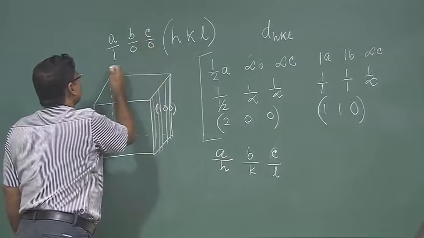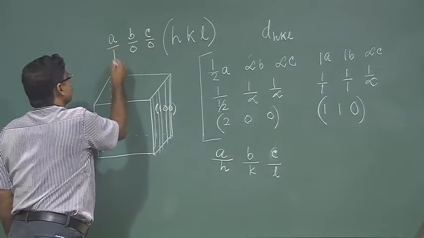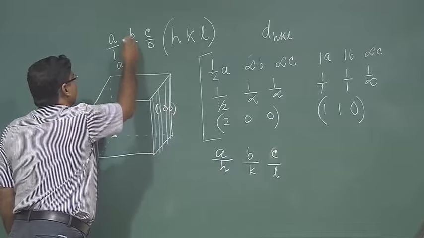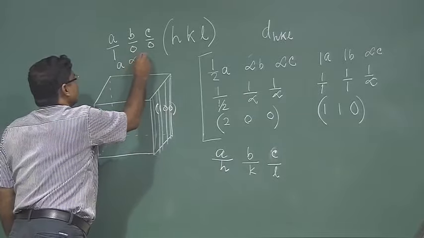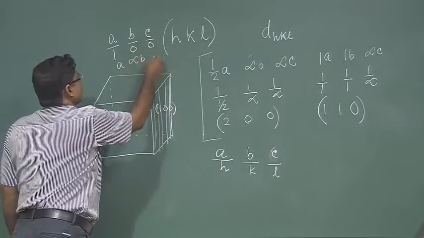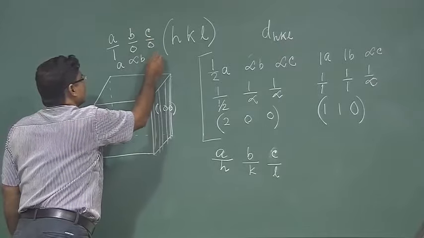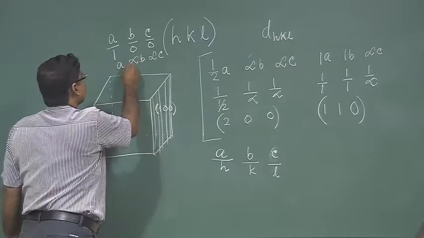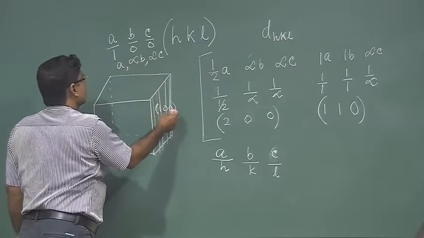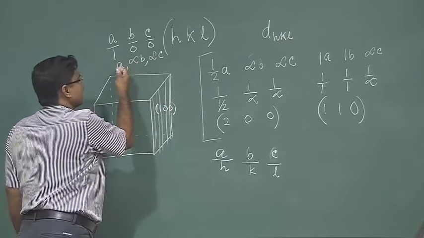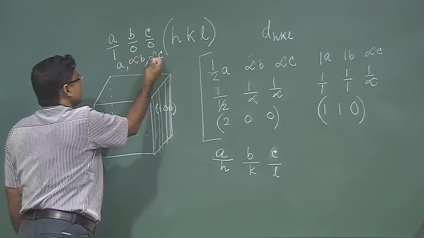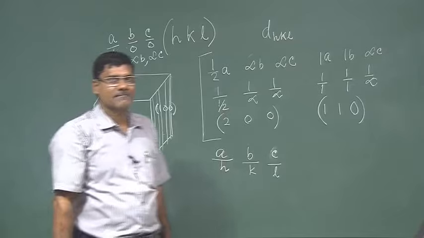So here you are getting just a by 1, a; 1 by 0, infinity b; 1 by 0, infinity c, right. So this 1 0 0 plane intersects at a, infinity b, infinity c. Okay.